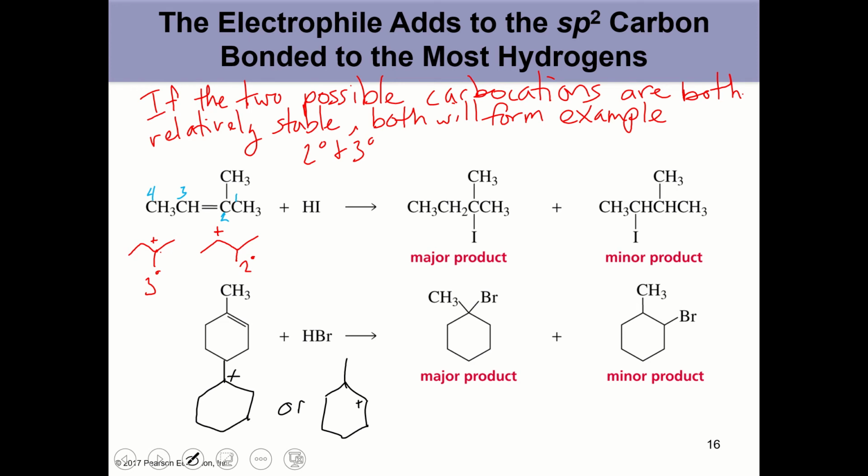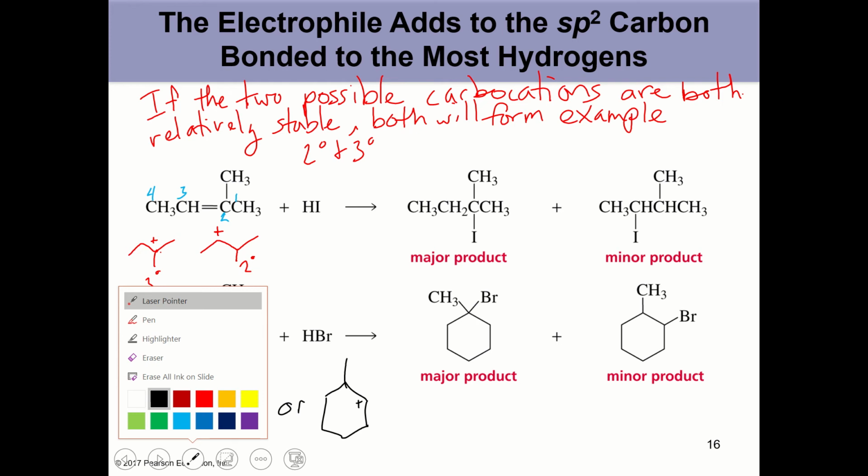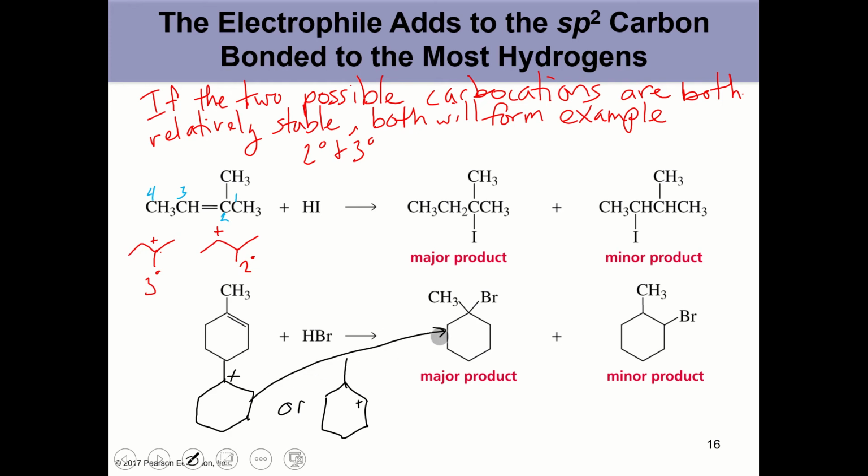The more substituted cation is this tertiary cation. This is a secondary cation, but they both have, well, the tertiary cation is better, the secondary cation is acceptable. And so we form both the major product and the minor product. The major product results from the tertiary cation. And the minor product results from the secondary cation.